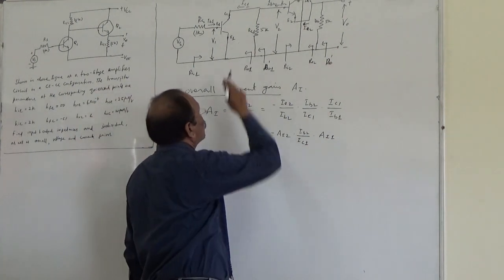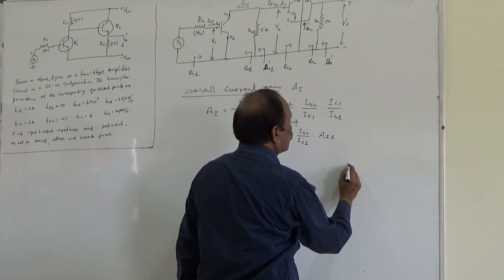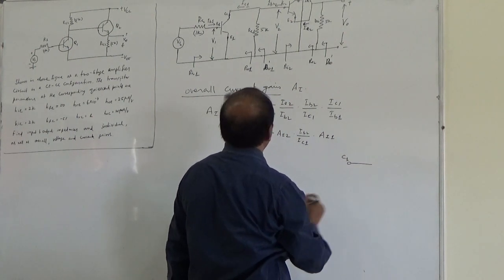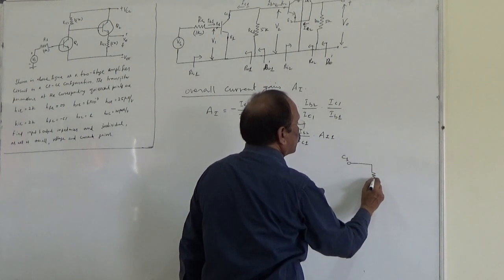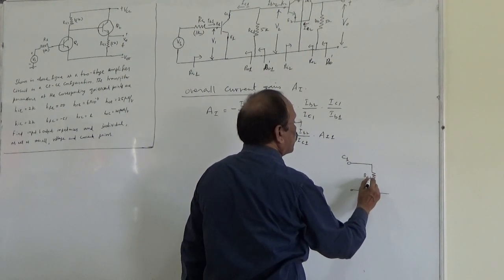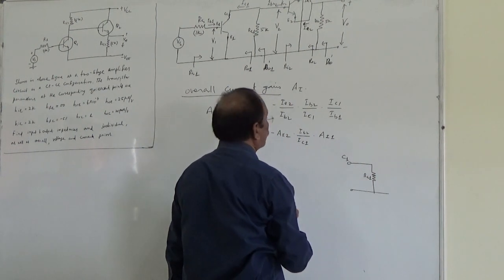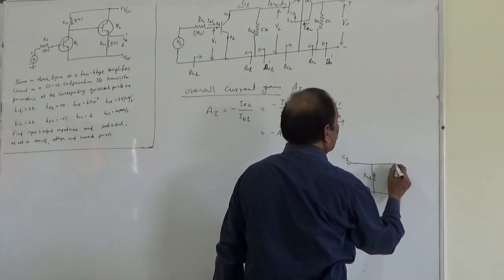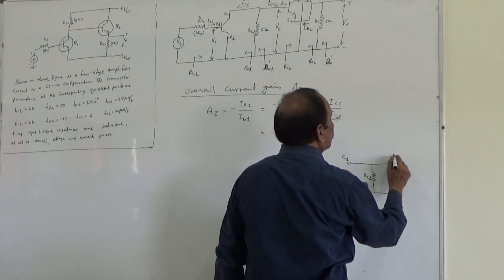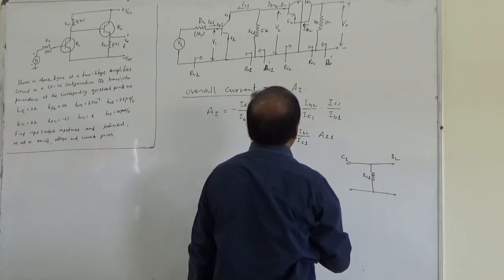So you can take this figure from the collector of the first stage, C1, which is coming to RC1, and you take the next stage, B2.